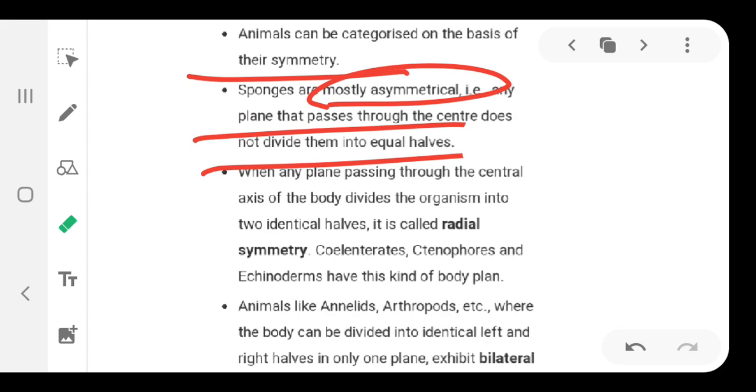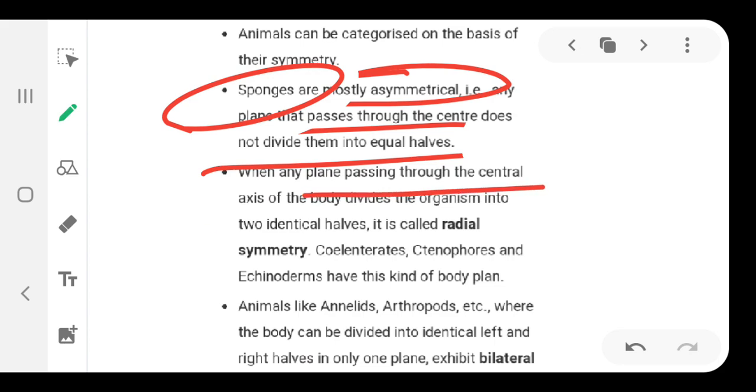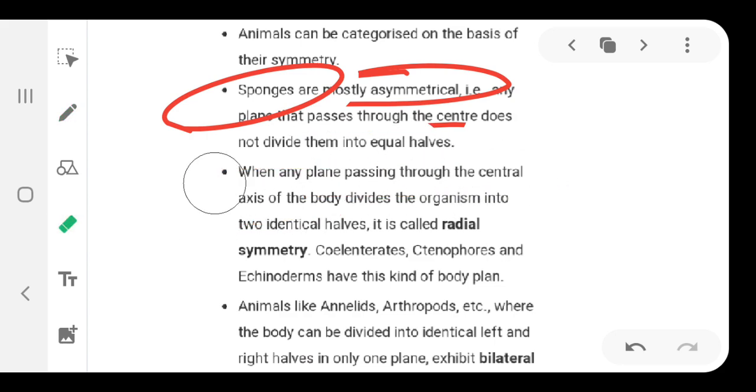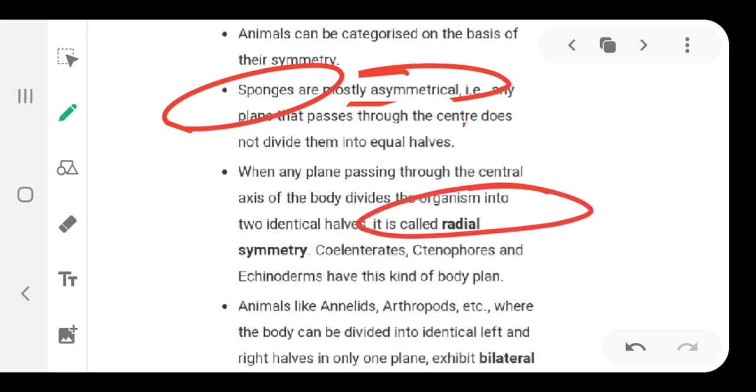Animals under the sponges category, we will read about them, are mostly asymmetrical. But in organisms where a plane passing through the central axis of the body breaks them into identical halves, we have 2 terms here. One is called radial symmetry, where a single plane divides the body into 2 identical halves.